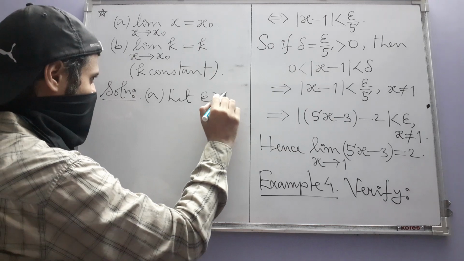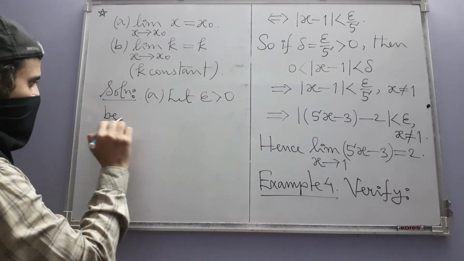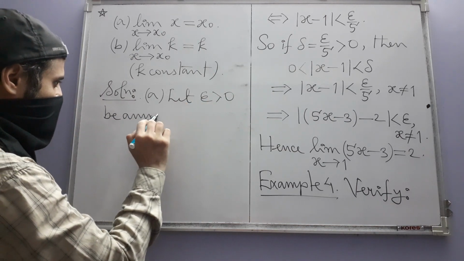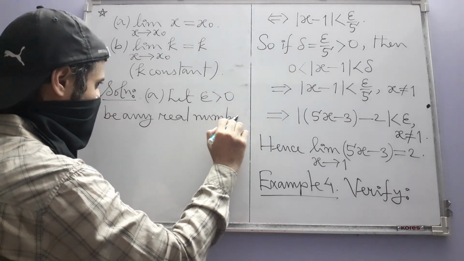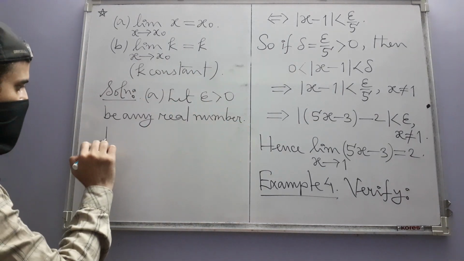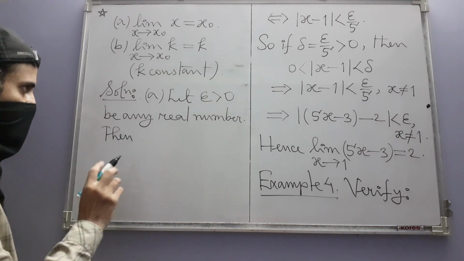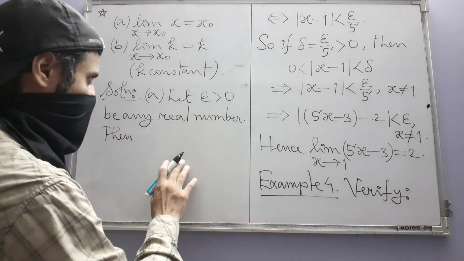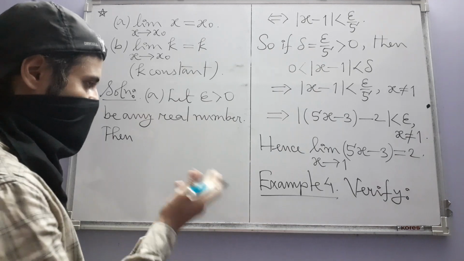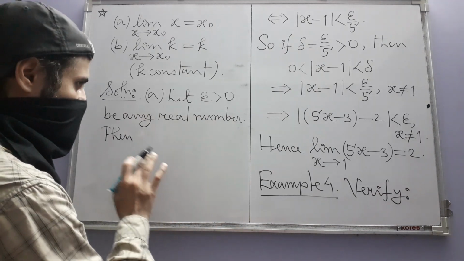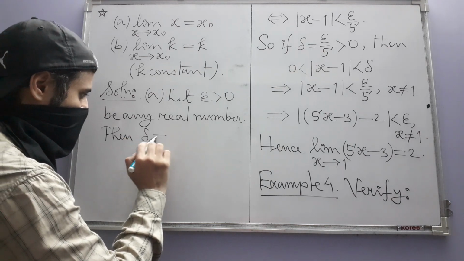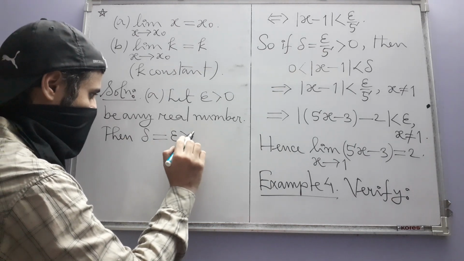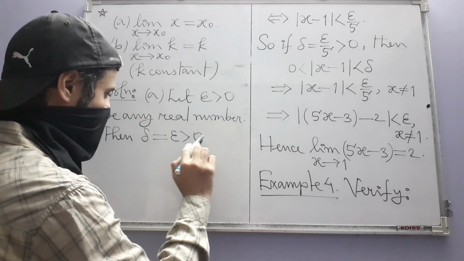Again, let epsilon greater than 0 be any real number. Then in this case, the things are so easy that there is no need to do any back calculation. For delta, I am choosing epsilon itself here, and that of course is greater than 0.